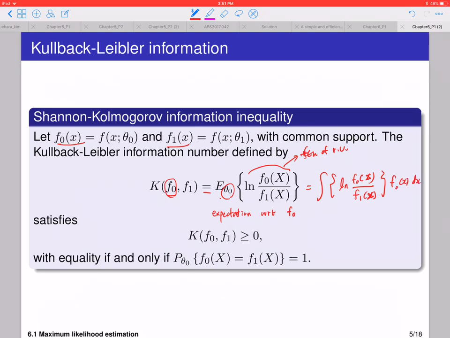That is the definition of this notation. An interesting property is that the Kullback-Leibler information distance is non-negative, with equality if and only if the two density functions are equal with probability 1. Equality means that this distance is 0.